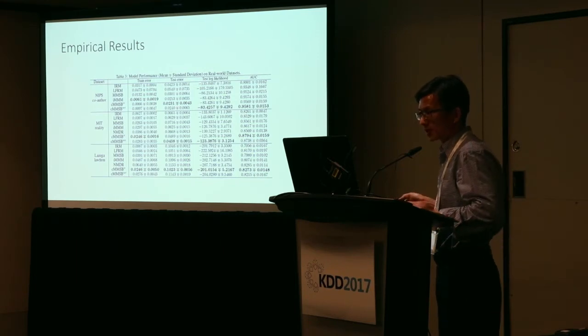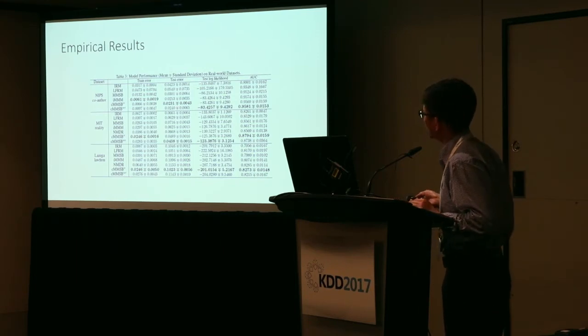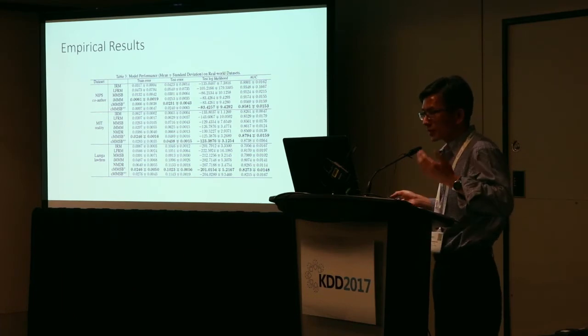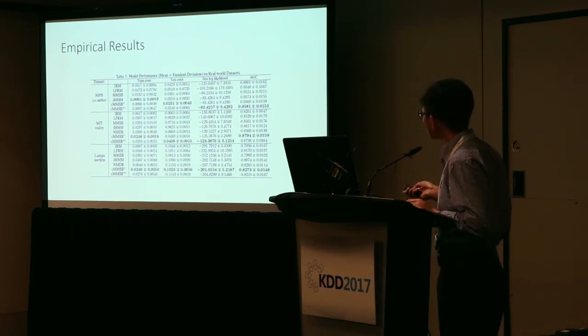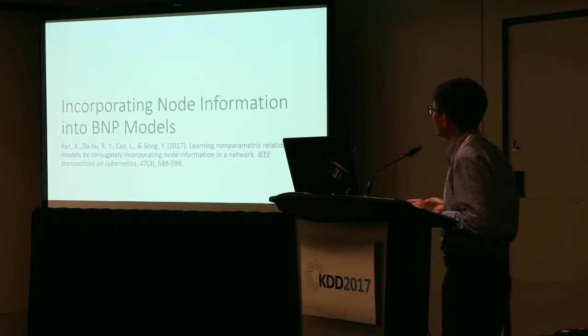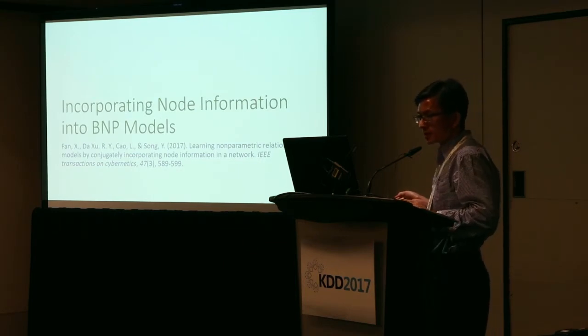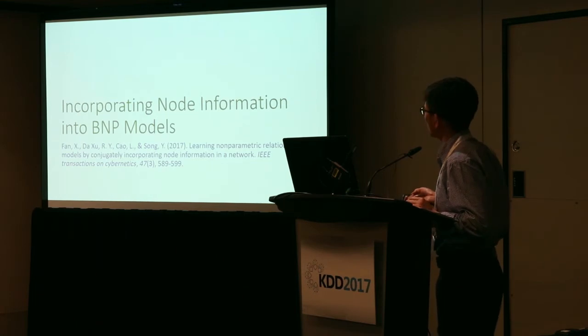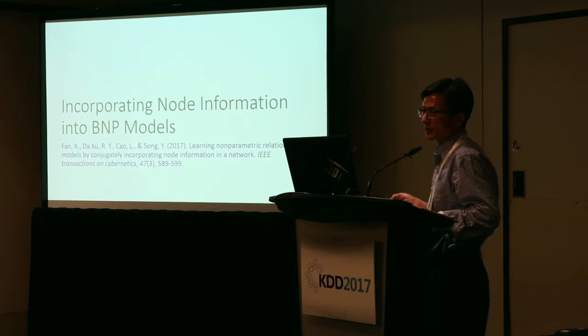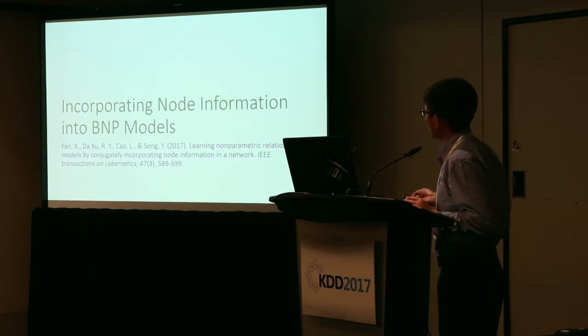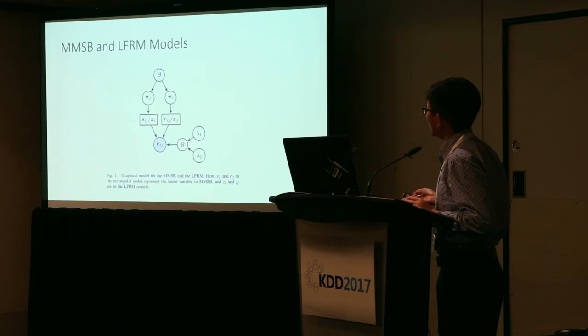It shows that incorporating node interaction or node relationship by copula actually contributed. That's one piece of work. Another piece of work I will explain is to incorporate node information into the Bayesian non-parametric model. The idea is like this.